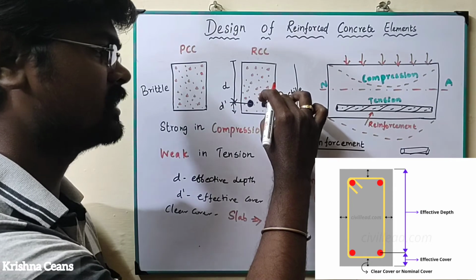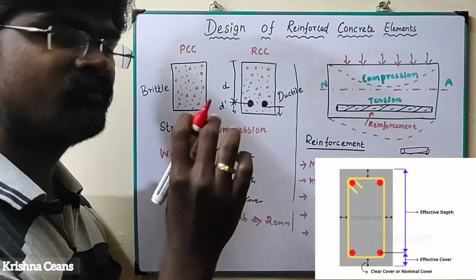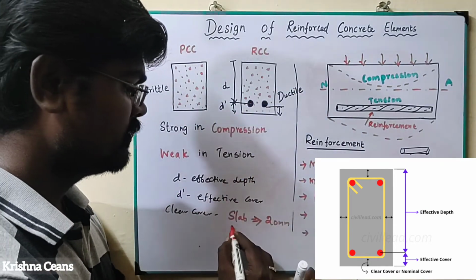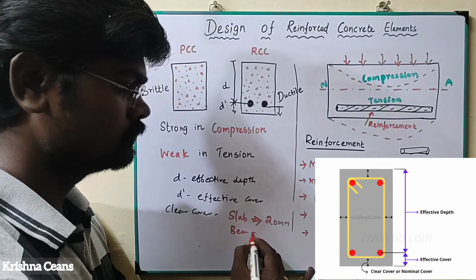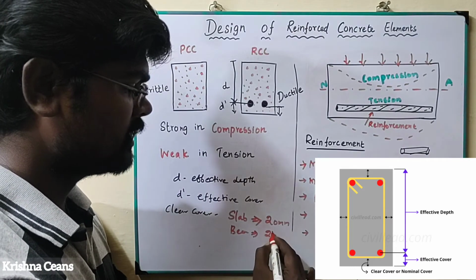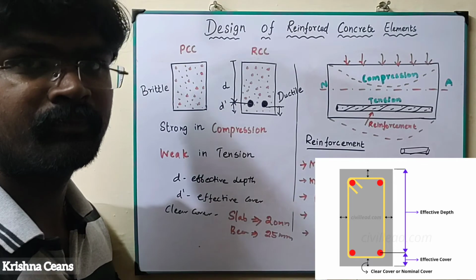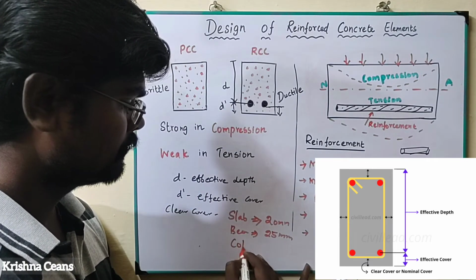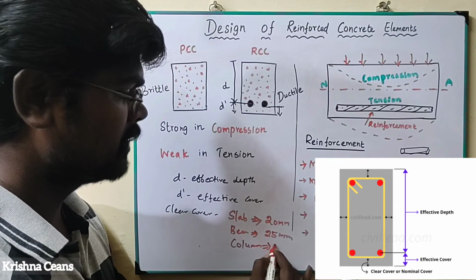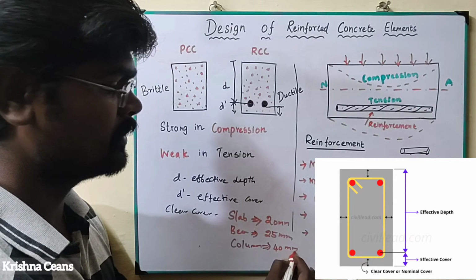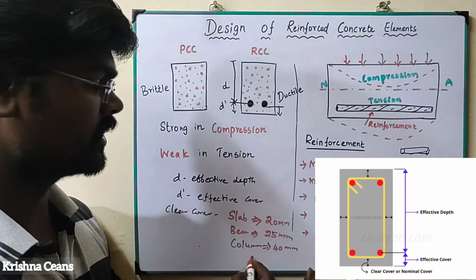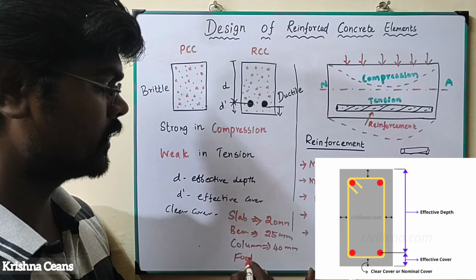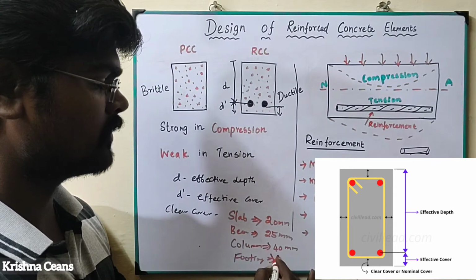So the clear cover for the slab is 20 mm. Whereas for the beam, we have to provide 25 mm. Beam means 25 mm. When it comes to the column, a minimum of 40 mm has to be provided. So column means 40 mm. When it comes to the footing, we have to provide 50 mm.